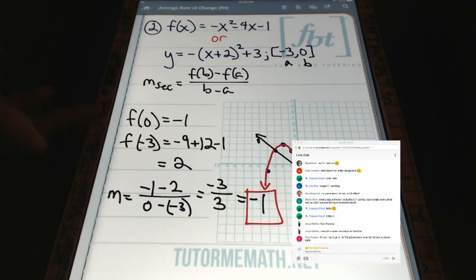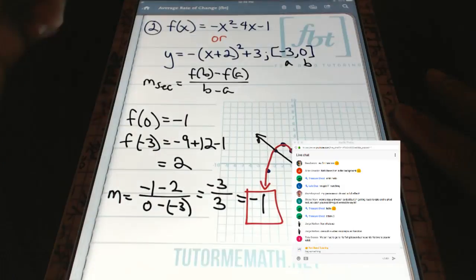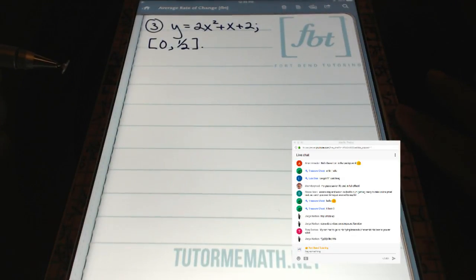Appreciate that, Tony. So, George, I think you can benefit from checking out the composition of functions video. Yeah, George, that's composition of functions. I already got that video up there.